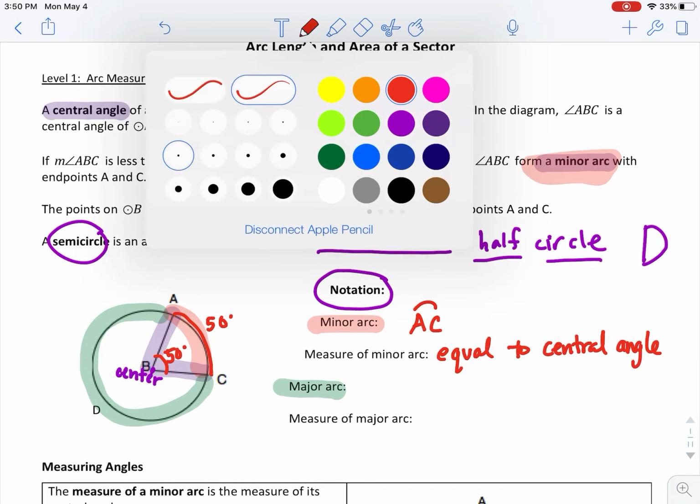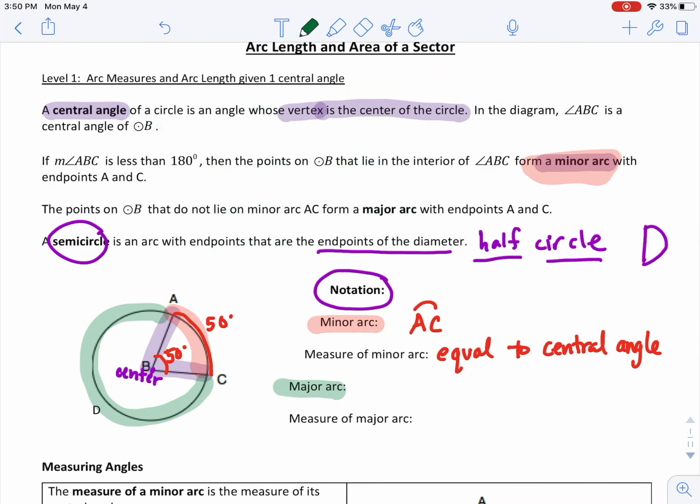When we're talking about the major arc, which is around the other side, the way we would write that, notice there was this point over here, D. So it goes from A through D and then down to C. So we call that major arc ADC, and we use 3 letters to show that it's going through 3 points.